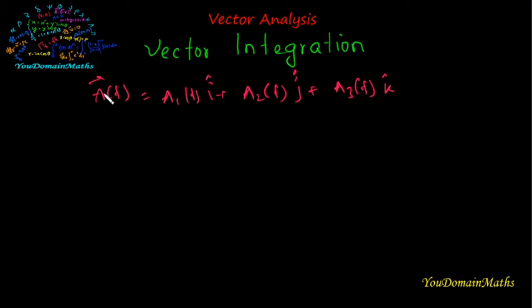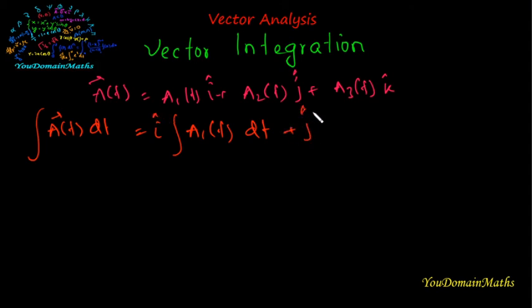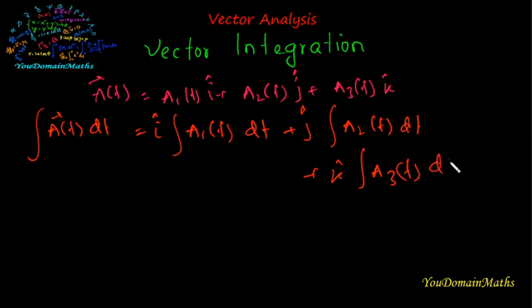If we integrate this vector, then the integral of a of t dt equals the integral of a1 t dt i, the unit vector, plus j times the integral of a2 t dt plus k times the integral of a3 t dt. So easy.